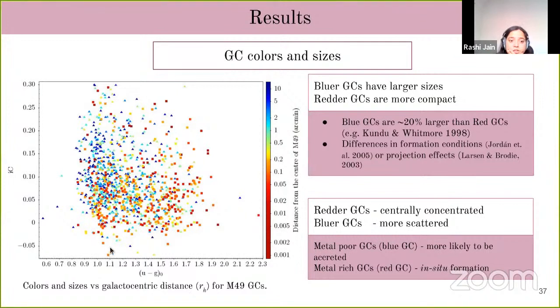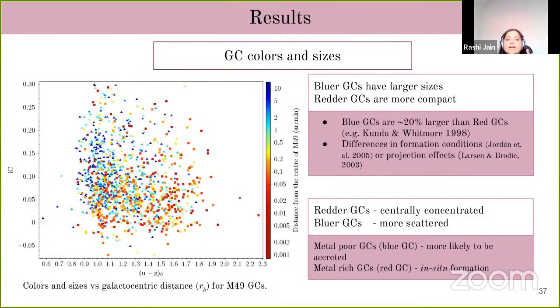And the blue globular clusters are on average more extended as compared to the red globular clusters, and red globular clusters are also more concentrated around the center of the galaxy, whereas the blue ones are more extended. So if the scenario of accretion is true, then one expects the blue globular clusters to be more distributed around the galaxies, whereas the red clusters should be more concentrated around the center of the galaxy, which seems consistent.